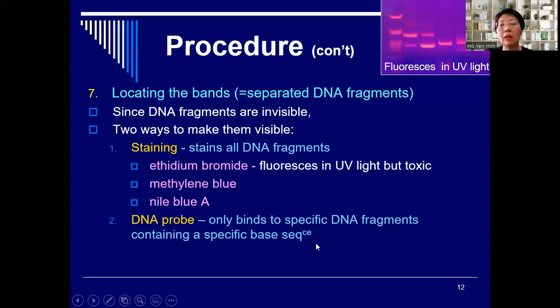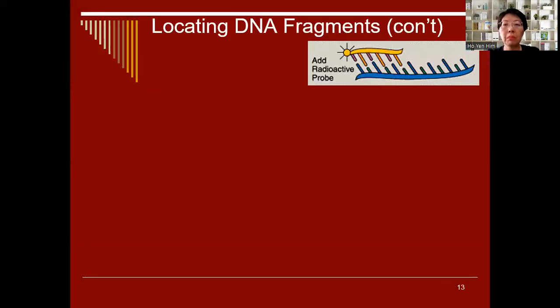Let's look at how the DNA probe works. Let's say this is the DNA that we want to locate in the gel. This yellow band is a short length of DNA with bases complementary to the bases of the DNA we want to locate. This yellow band is called the DNA probe.